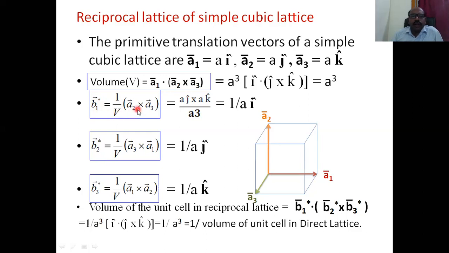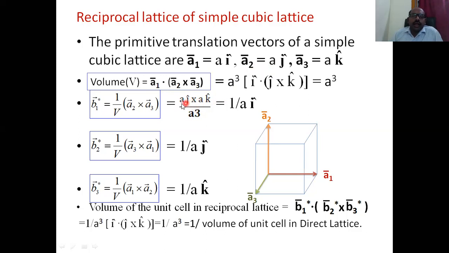So the base vector B1 bar star is equal to 1 by V into A2 bar cross product with A3 bar. So it is the equation. We have the basis vectors in direct lattice. It is one basis vector, it is another basis vector. So we are taking a times j cap cross a times k cap.